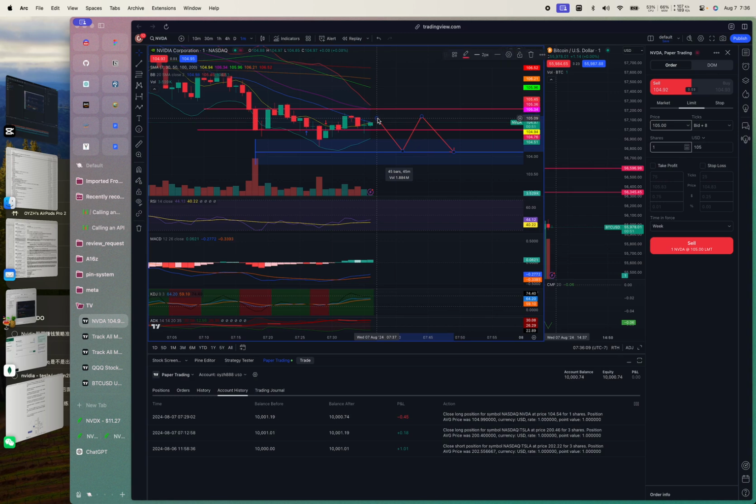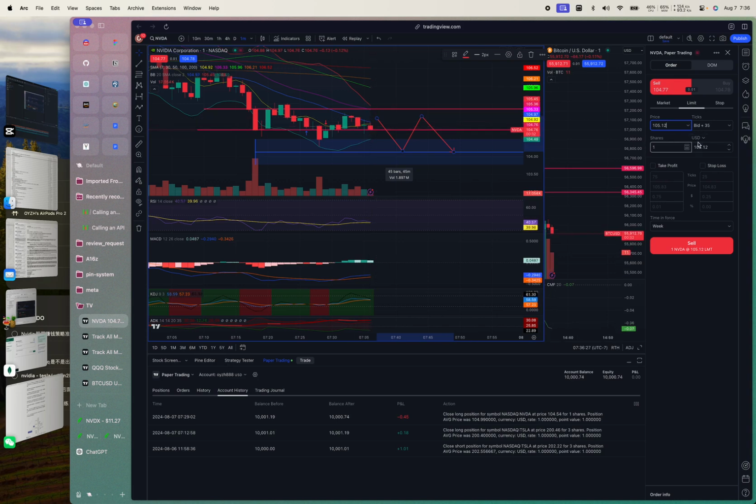Okay, I have an idea. I can do a sell with a target price. I'm willing to sell at a price like 1050. Let me choose the number. Maybe this one, 12. Okay.